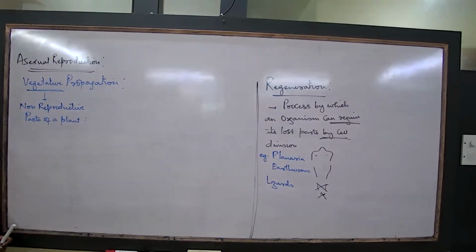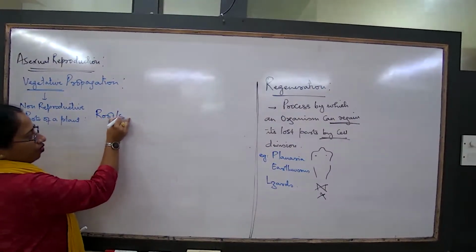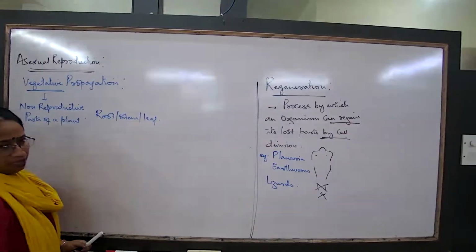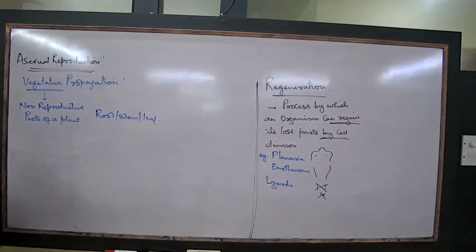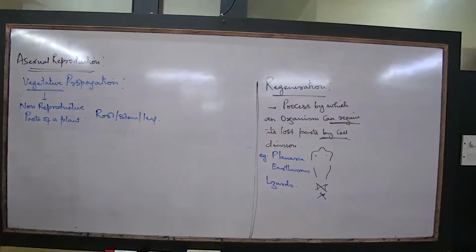So the stem, the root, the leaf and the buds are all the vegetative parts of a plant. Let us learn some methods by which the process of vegetative propagation takes place.